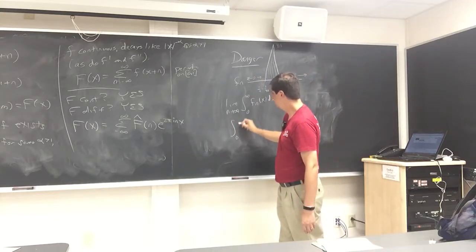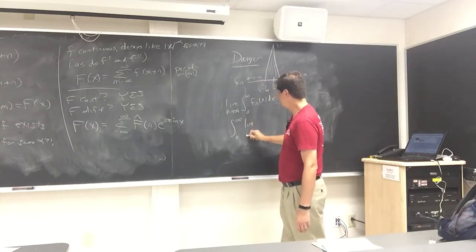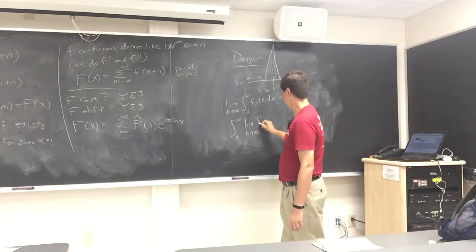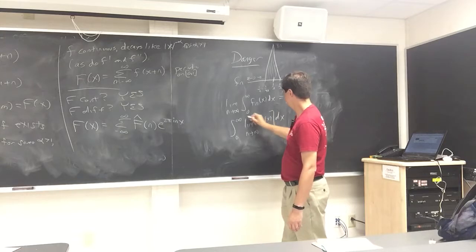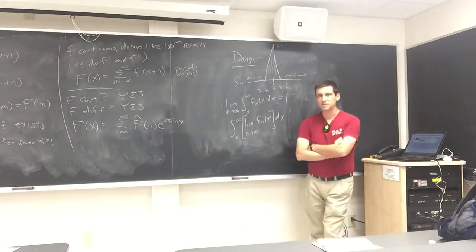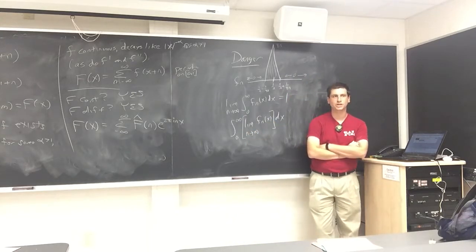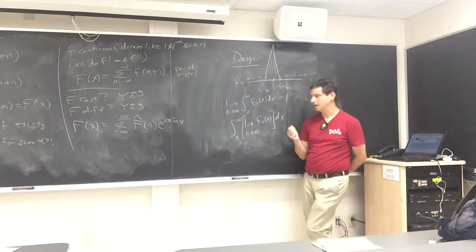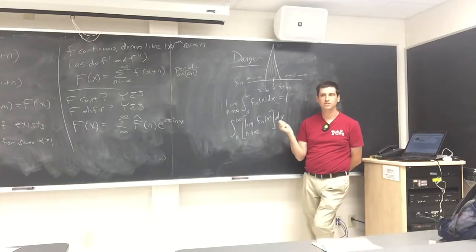Now, let's take the integral of the limit. Let's switch the order. If I take the limit as n goes to infinity at any point x, what do I get? So you choose some point x and n gets very, very large.